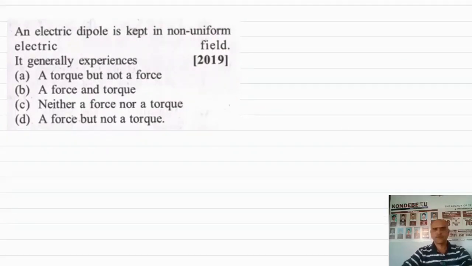An electric dipole is kept in a non-uniform electric field. It experiences, they ask.